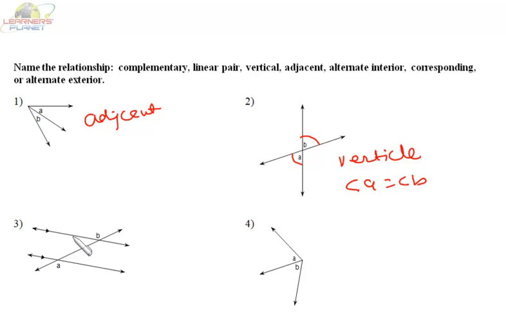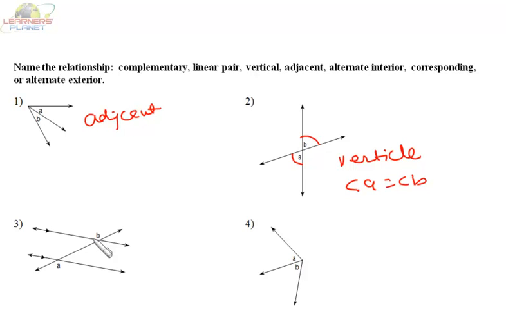Now here we can see these are two parallel lines. This arrow symbol shows that the lines are parallel, and they are being intersected by this third line, that is the transversal. Now we have to say the relationship between A and B. We have already discussed alternate exterior angles. What are alternate exterior angles?